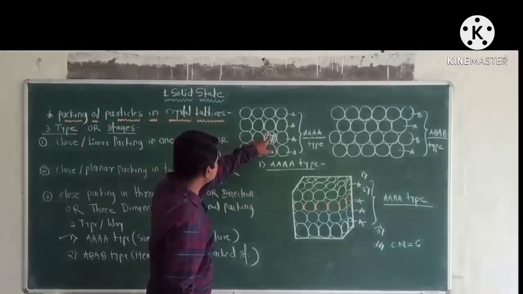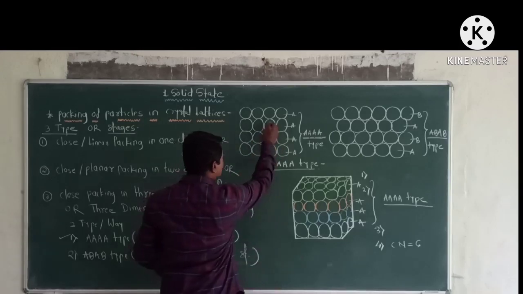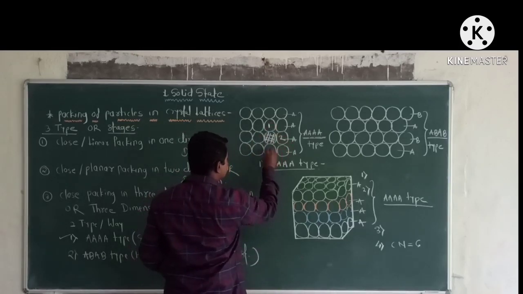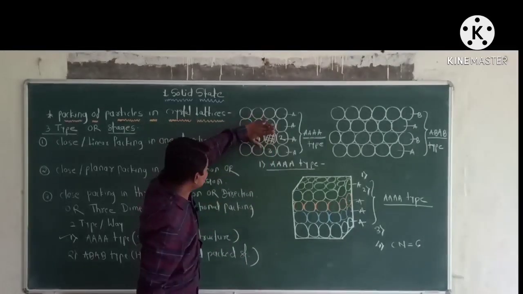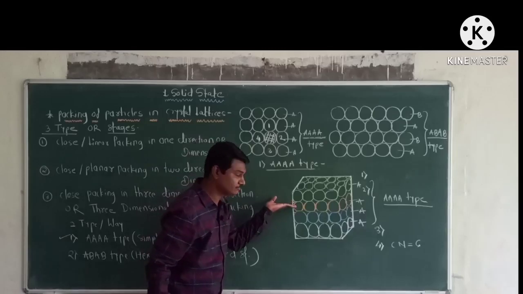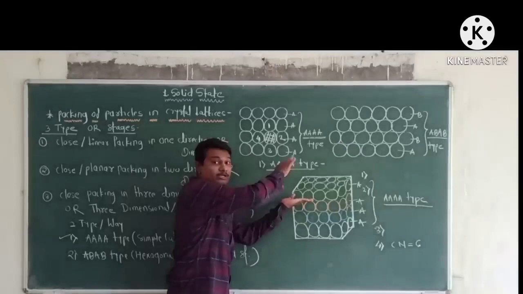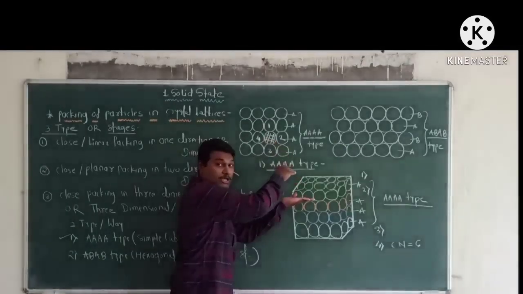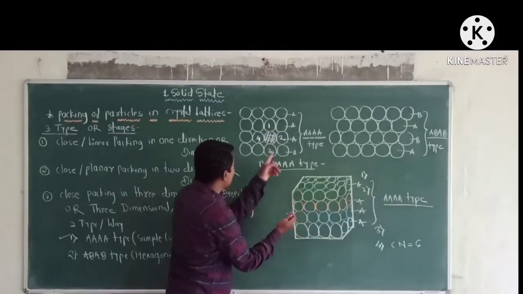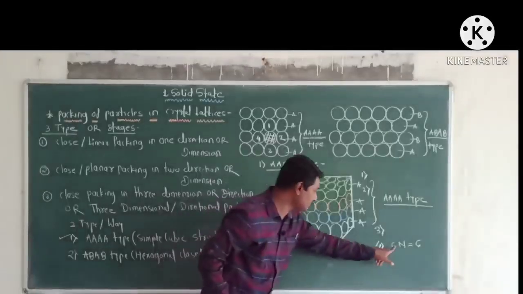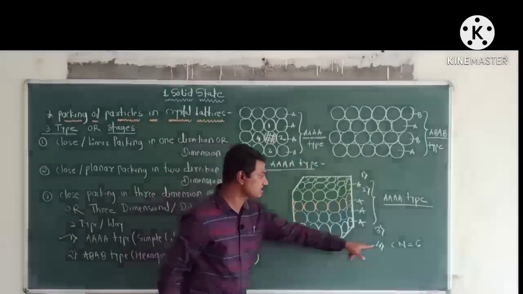This constituent particle is in contact with four other constituent particles, 1, 2, 3 and 4. Now this layer is placed here. Now there is one constituent particle above this constituent particle and one below it. 1 plus 1 is 2, and this 4, that is 6. That means the coordination number of each constituent particle in this packing is 6.